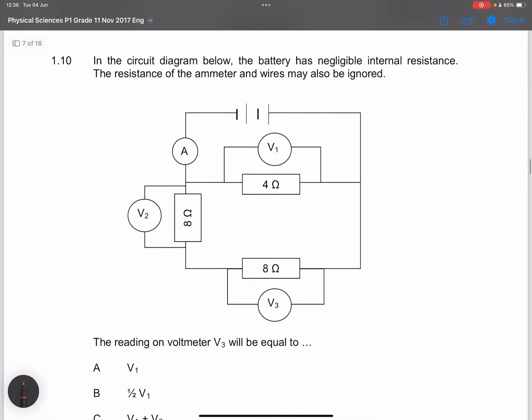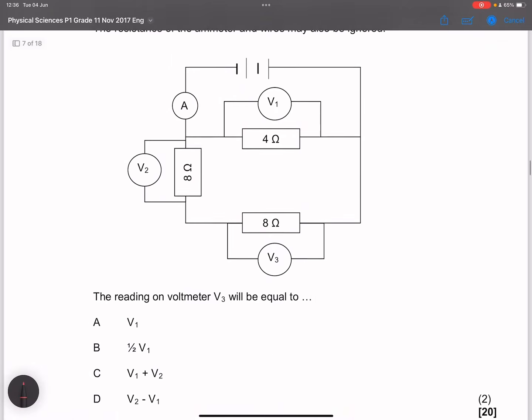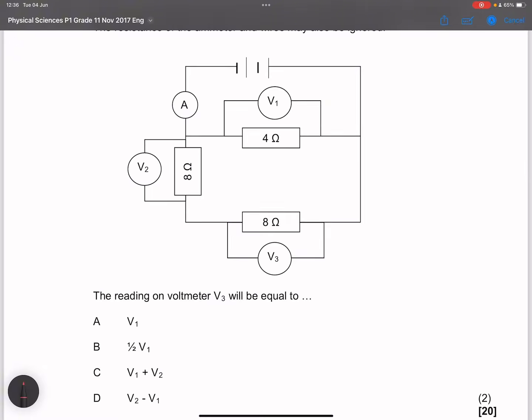Okay, and finally, they say in the diagram below, the battery has negligible resistance. The resistance of the ammeter and the wires may also be ignored. Now please note in this case, they say the reading on the voltmeter V3 will be equal to. So if I look at V3 there, they wanted you to actually assume that V1 will be equal to V3, but that would not be true because remember, when current moves through this circuit, once we get to this node over here, what happens?